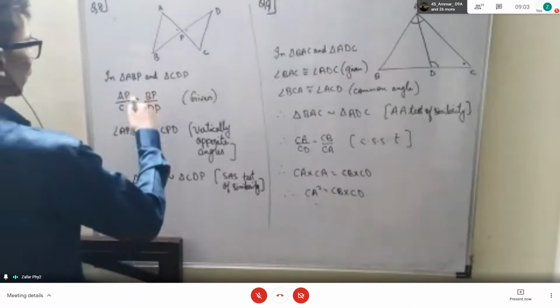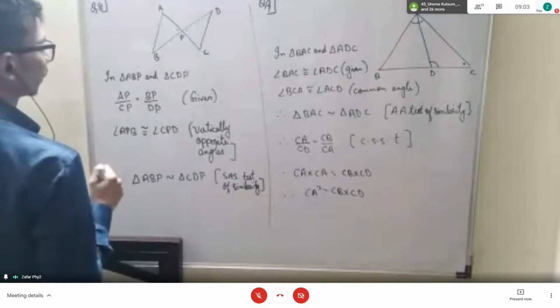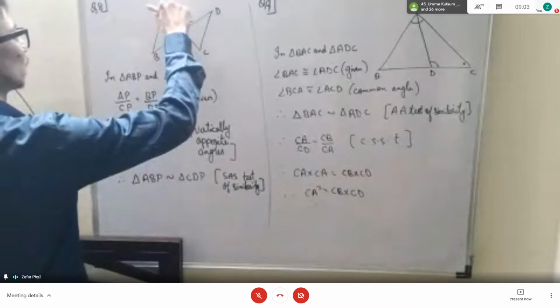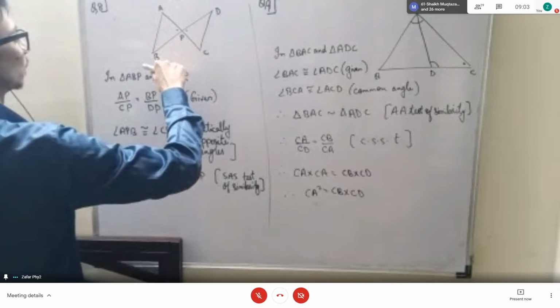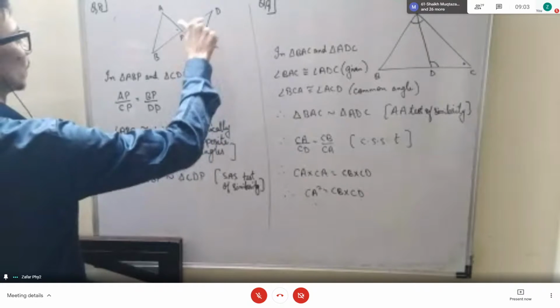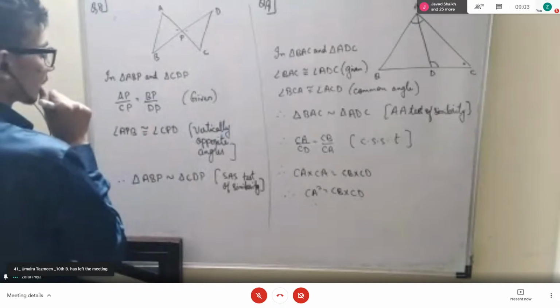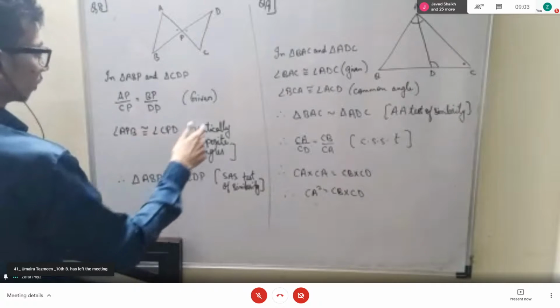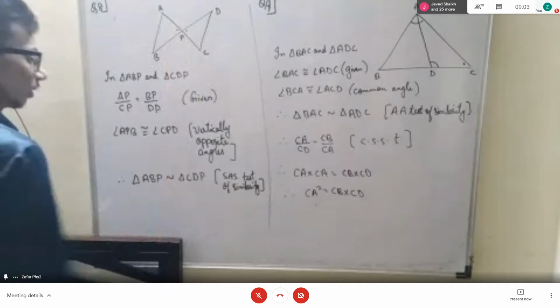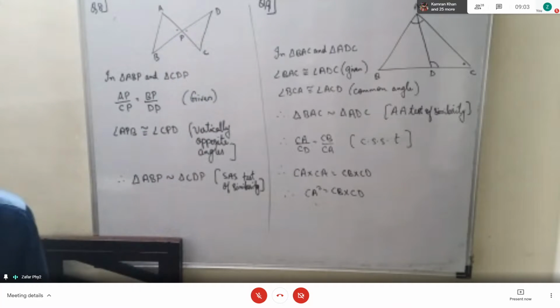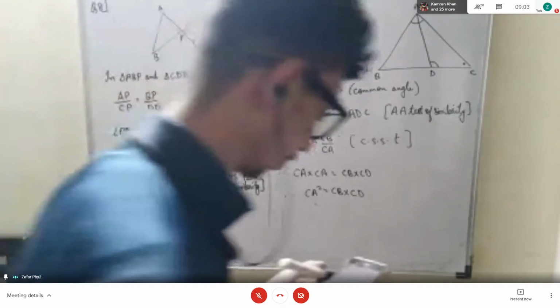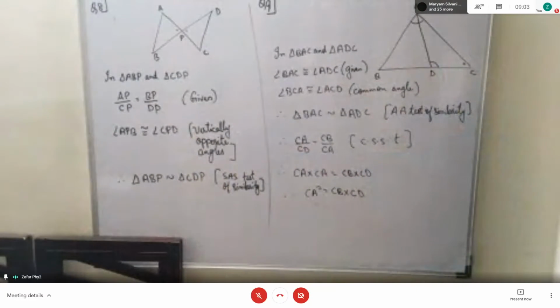So this given condition is written as it is, and second, angle APB is equal to angle CPD. So these angles are congruent, vertically opposite angles. So by SAS test of similarity, these two triangles are similar. Okay, this was a very easy question.